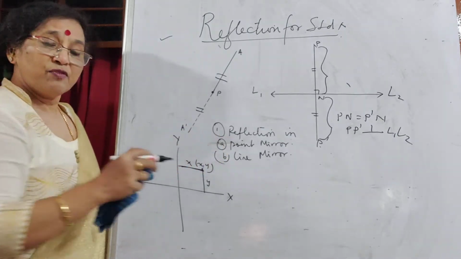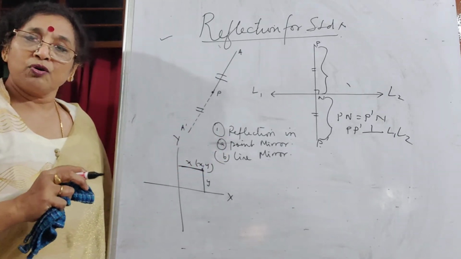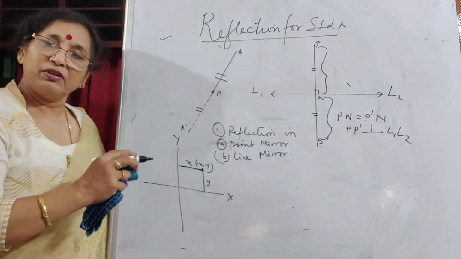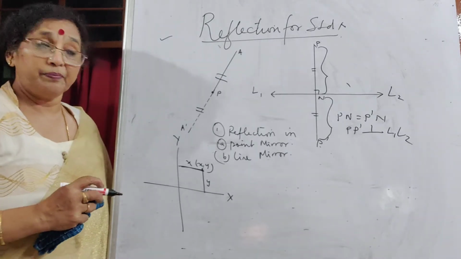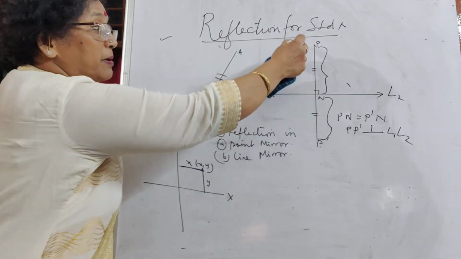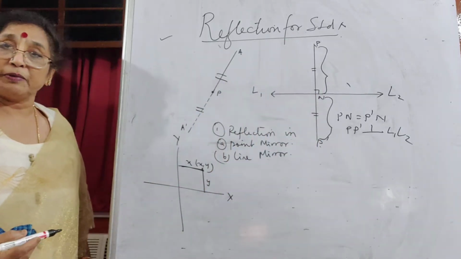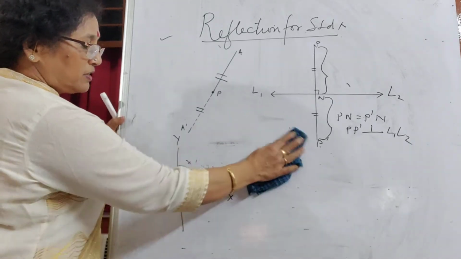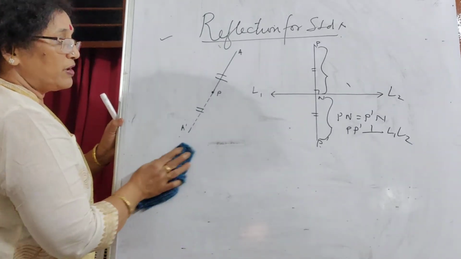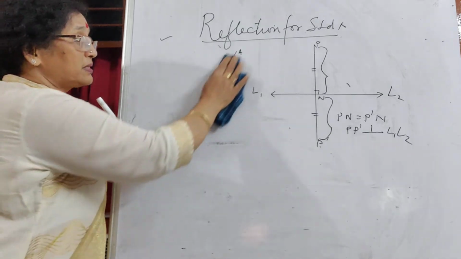There you have line reflection where the mirror is a line. So object and image are on the opposite side of the line. They are on one straight line which should be perpendicular to the mirror. So the mirror should be the perpendicular bisector of PP dash. Okay. So we have done point reflection. I'm rubbing this.